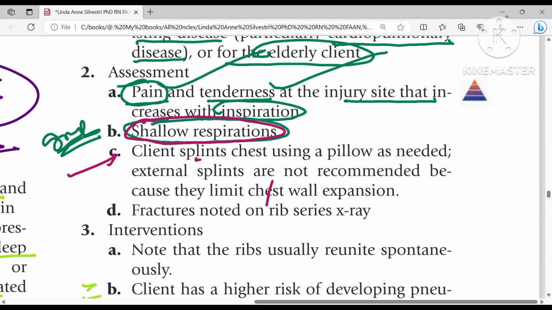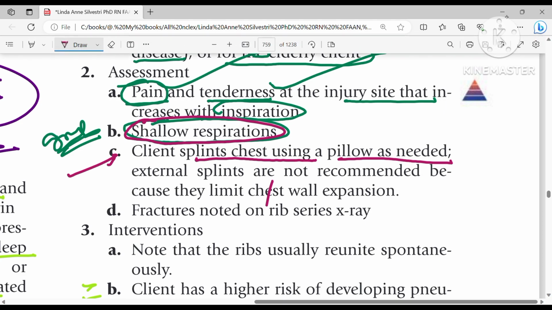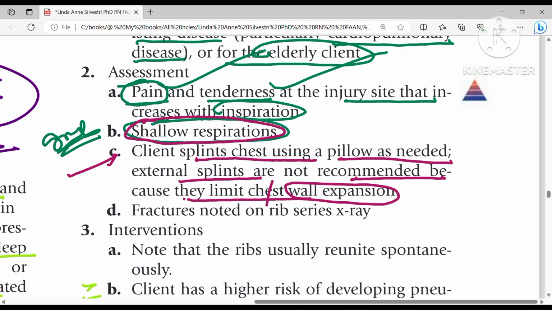The next point is the client splints the chest using a pillow as needed. External splints are not recommended because they limit chest wall expansion. So for a client with chest injury, we should provide a pillow, which can be used like a splint.